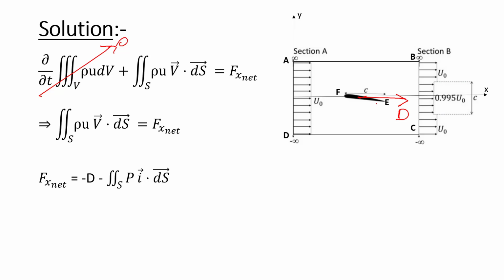So according to Newton's third law, a force of minus D will act on the fluid. So the net force on the fluid will be minus D minus the double integral of P dS. This is due to the pressure on the control volume.